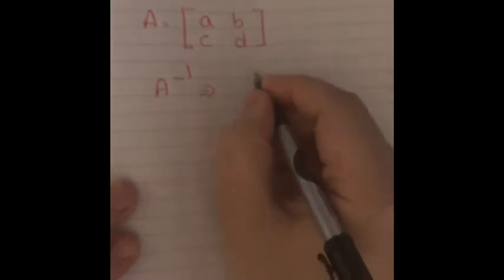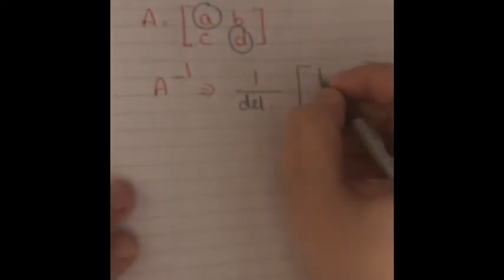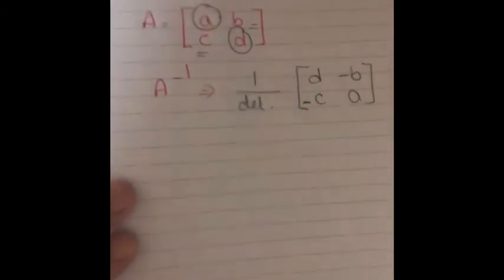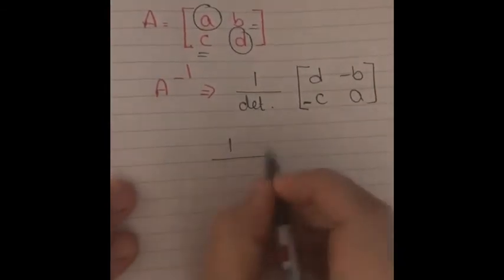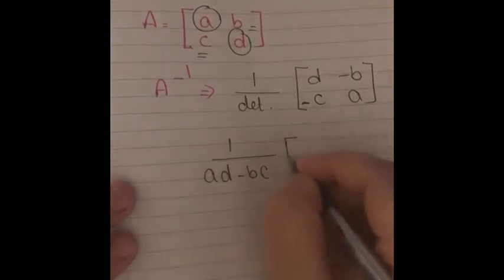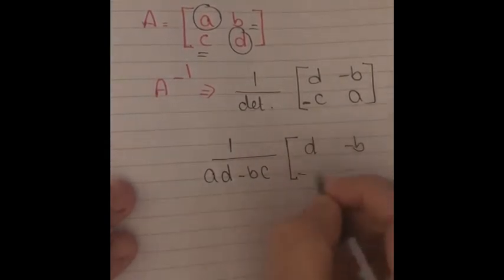I will put 1 over the determinant, multiplied by this matrix. These two switch places, so d, a, and these two change signs and stay in the same place. If they were positive, they become negative. If they were negative, they become positive. So 1 over the determinant, in this case 1 over ad minus bc. And here I have d, negative b, negative c, a.